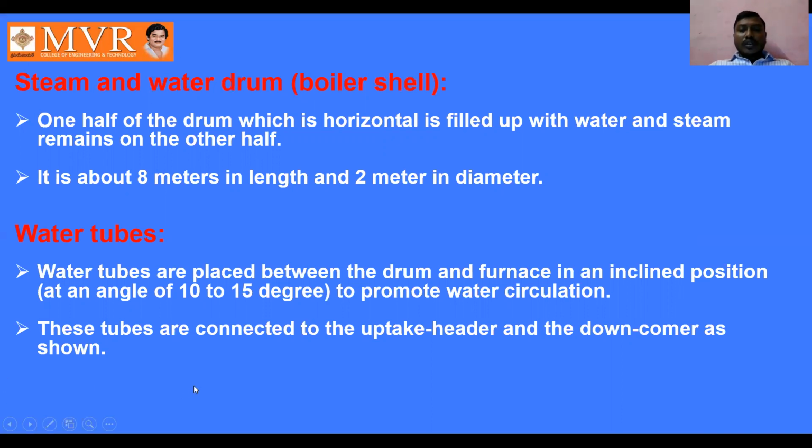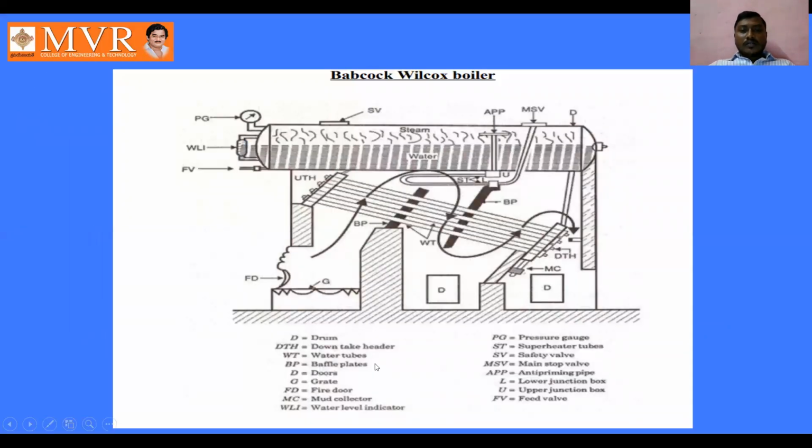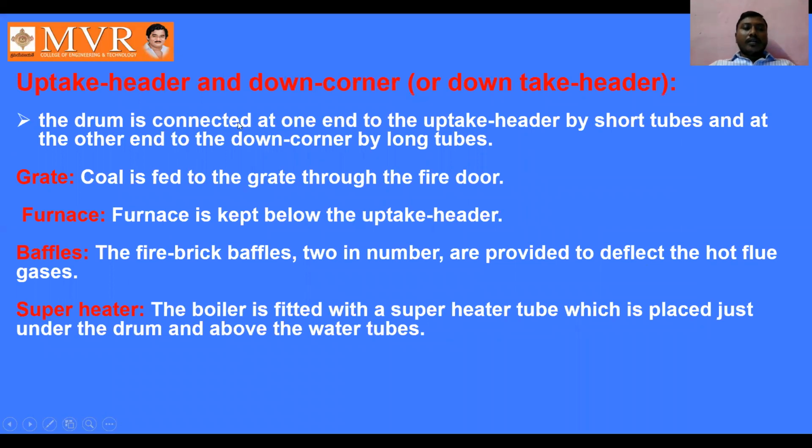So these tubes are connected to the uptake header and downtake header. See, we can observe here we have the uptake header and downtake header. These are the water tubes which are connected to the uptake header and downtake header. Coming to the uptake header, the drum is connected at one end to the uptake header by short tubes and at the other end to the downcomer by long tubes.